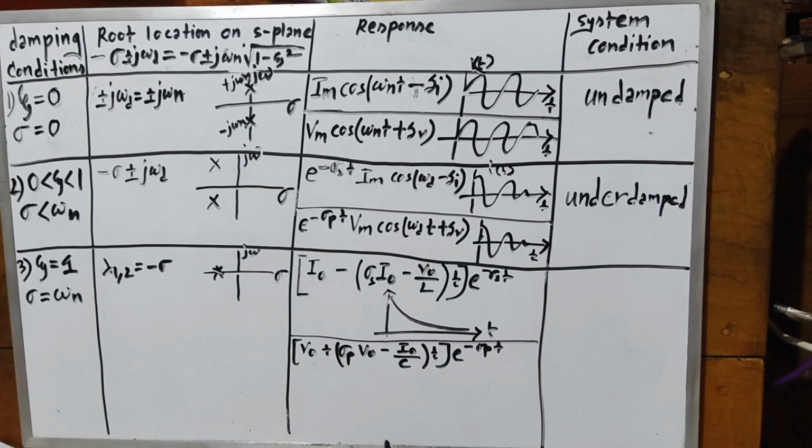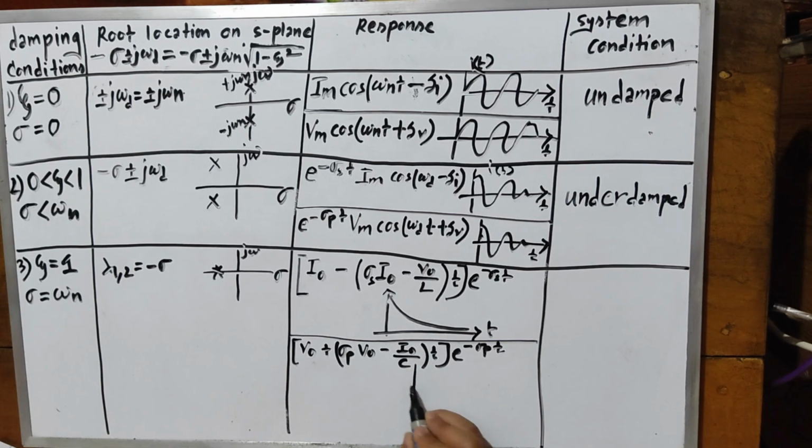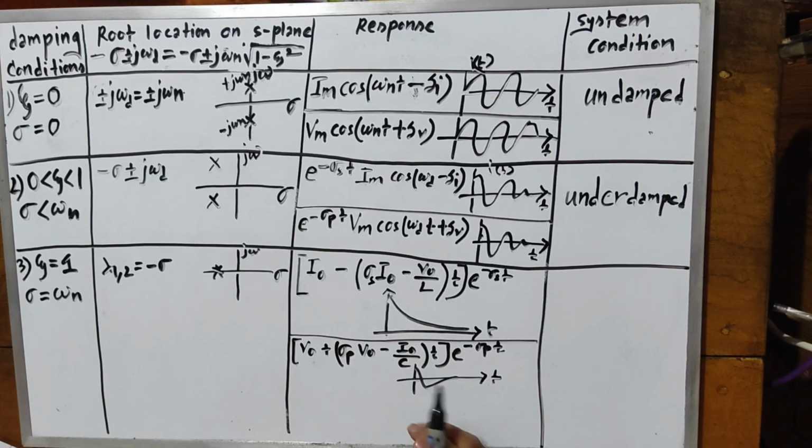So this is the equation. The response looks like this. Sometimes it crosses the x-axis, the real axis, or sometimes it doesn't. There is no oscillation here. The system quickly returns to its equilibrium point, which is this axis in time domain.